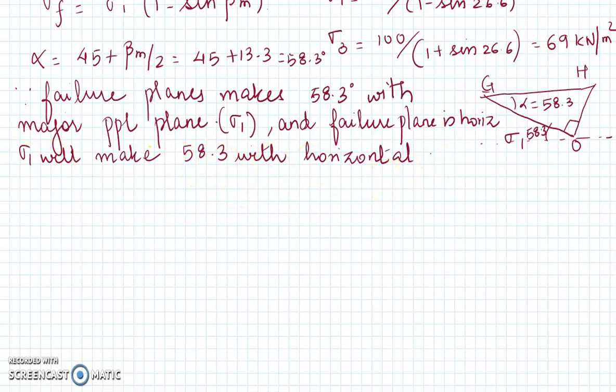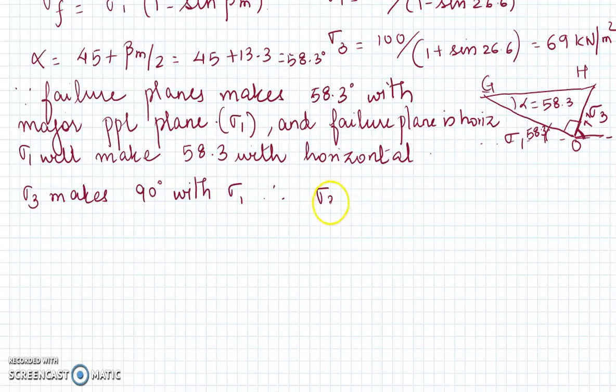Now this is sigma 1. Sigma 3 is here, correct? Sigma 3 is here. Can you tell me what will be the angle sigma 3 will make with horizontal? This is 58.3. Sigma 3 makes what angle with sigma 1? 90 degrees with sigma 1.